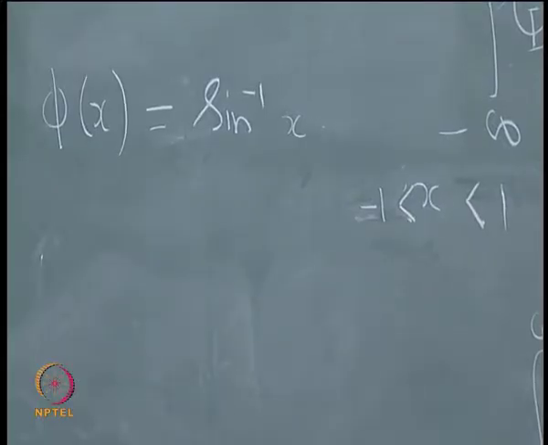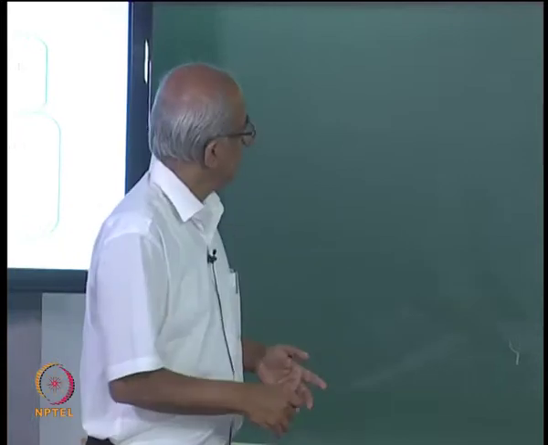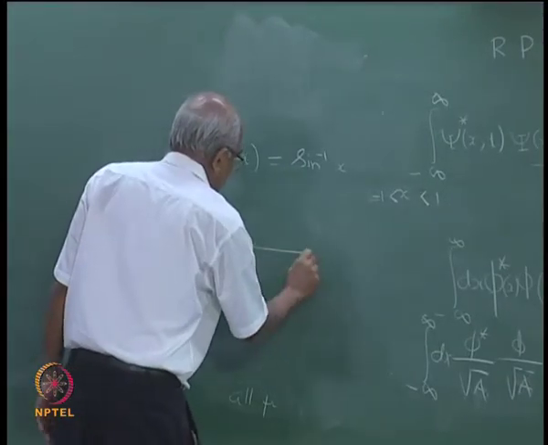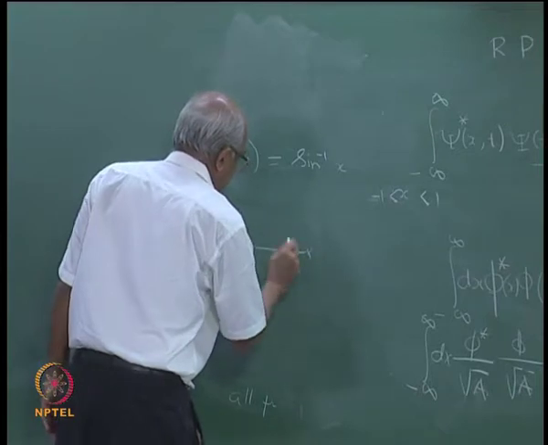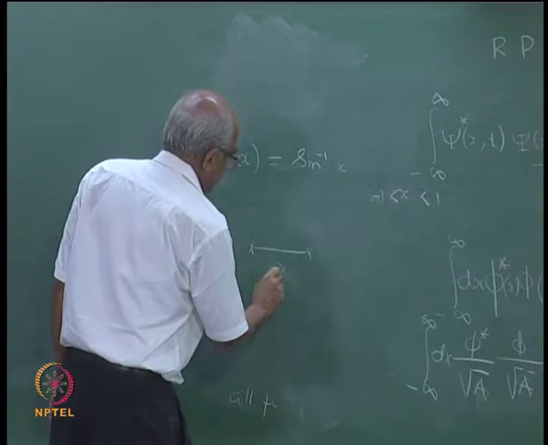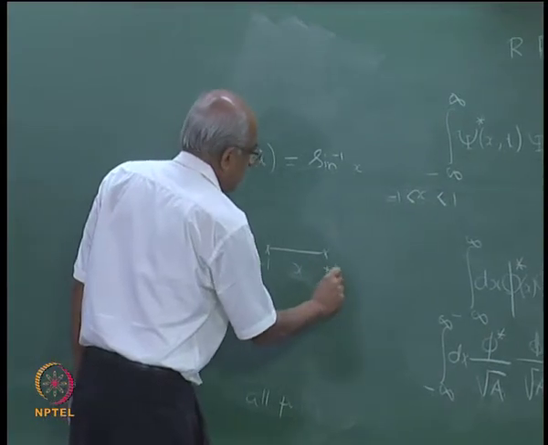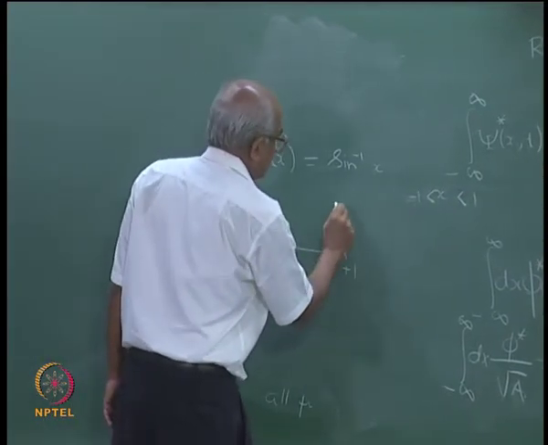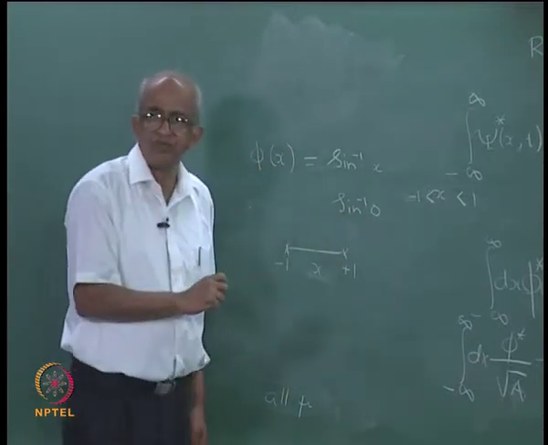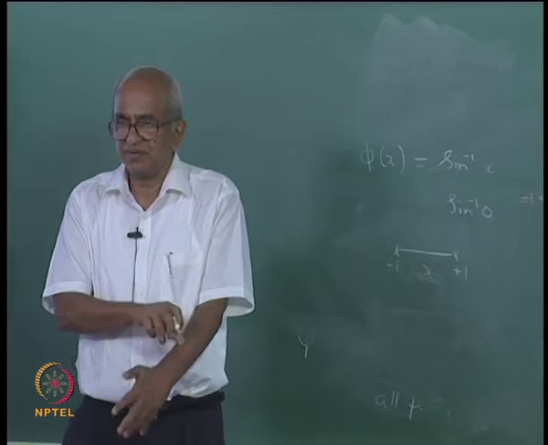This is only for the sake of illustration essentially. So, if you think of this interval running from minus 1 to plus 1, imagine I am evaluating x running from minus 1 to plus 1. Suppose I put x is equal to 0, then I will have sine inverse of 0 as my wave function.